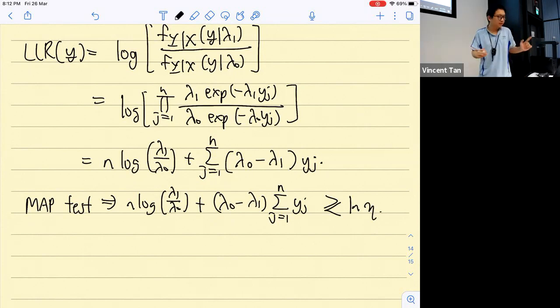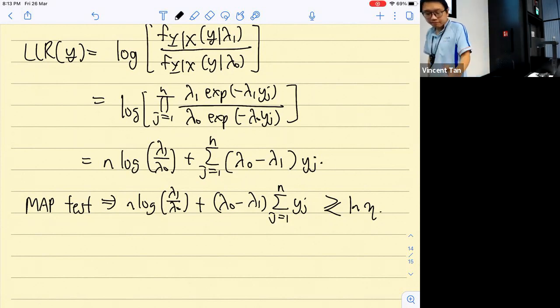Now, you can have observed 1,000 inter-arrival times. You have observed 1,000 goals, and you want to infer whether lambda is lambda 0 or lambda 1. The story in this expression is that you don't need to observe your 1,000 inter-arrival times.